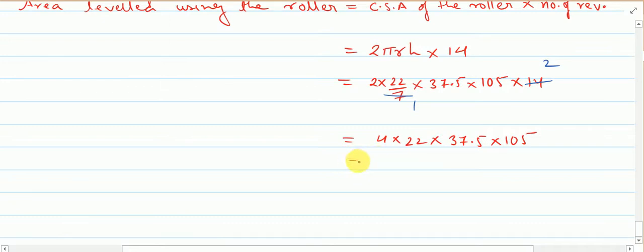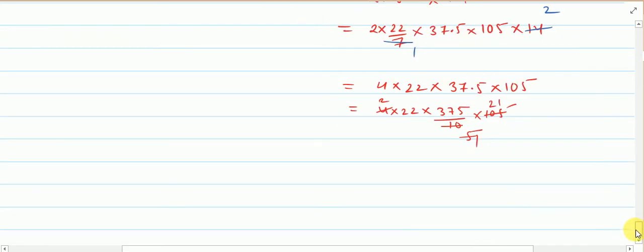Okay, now you can do like this. Here this can be written 375 upon 10 and you can simplify this. Okay, so 2 5s are 10 and 2 2s are 4, 5 1s are 2s are 1 ja.